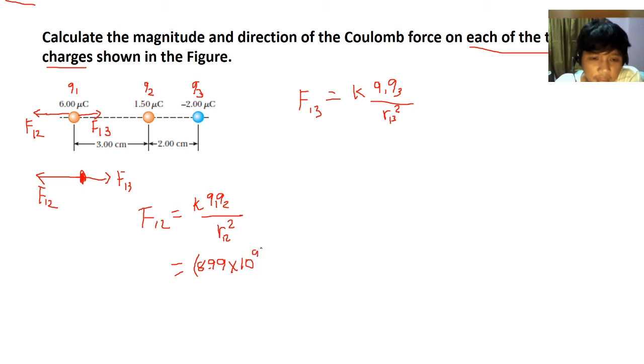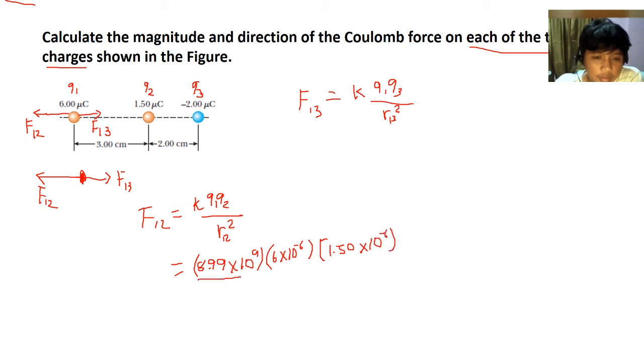I'm not going to write the units. Our Q1 is 6 microcoulomb, so that's 6 times 10 to the negative 6. You should probably write the units here, but it's really hard to write with the mouse. Q2 is 1.5 times 10 to the negative 6 because it's also in microcoulombs.